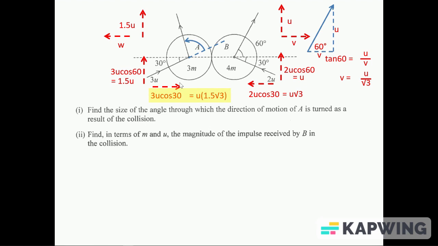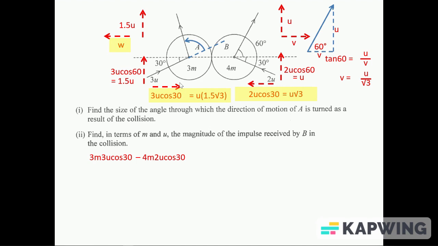Now, the momentum equation looks like this. There's no mention of restitution anywhere in this equation, no elasticity, so it's just the momentum I'm going to use. Before the collision, A's got a component along the line of centres of 3u cos 30. So 3m times 3u cos 30, that's in the positive direction. B is going in the negative direction, and it's got a mass of 4m, a component of 2u cos 30, so minus 4m times 2u cos 30.